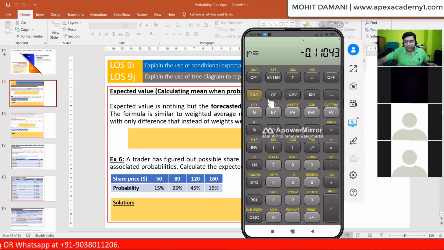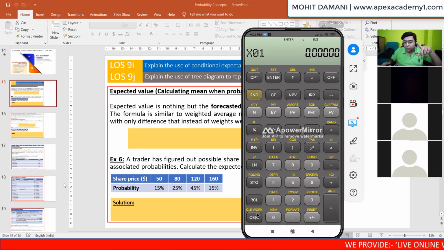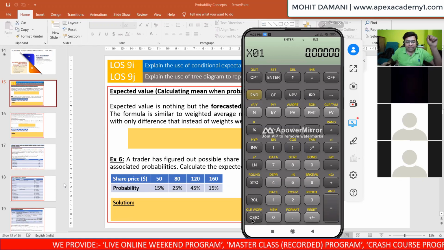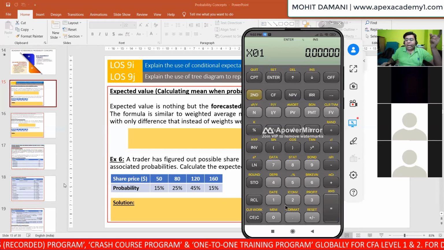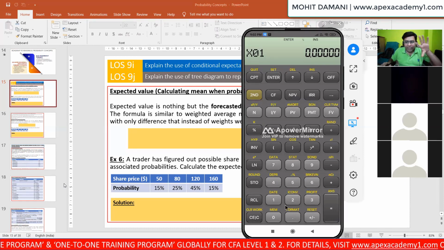Now let's see how it works. Second, data, second, clear work. Okay, I'm clearing the historical input. Now what was told? In the x-axis we will enter the observation, that is the share price, so 50, 80 will go on the x-axis, and probability will be entered on the y-axis.